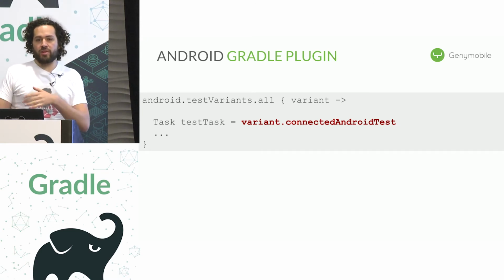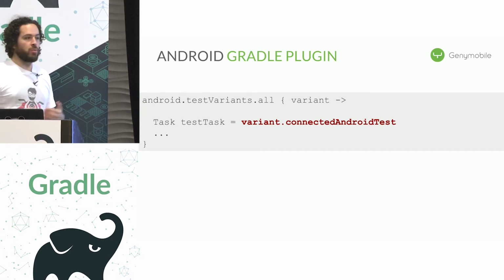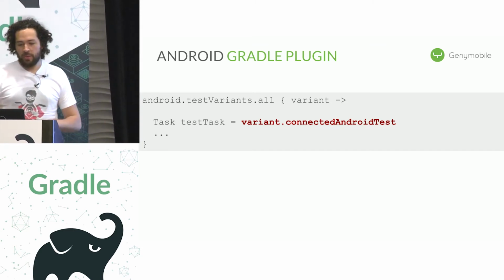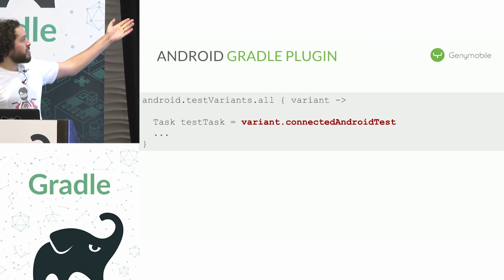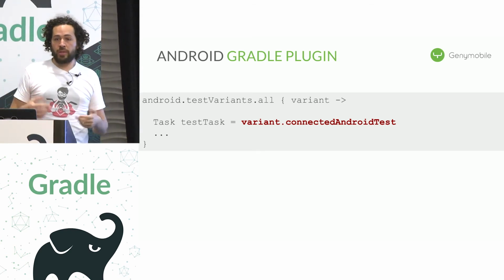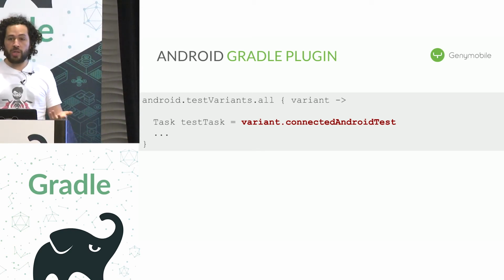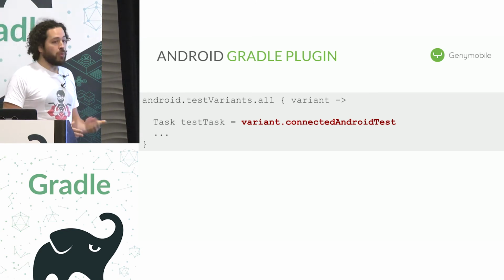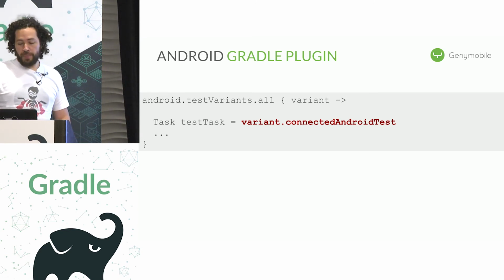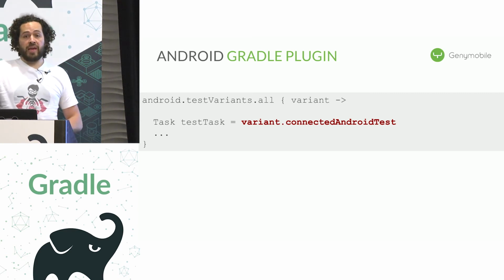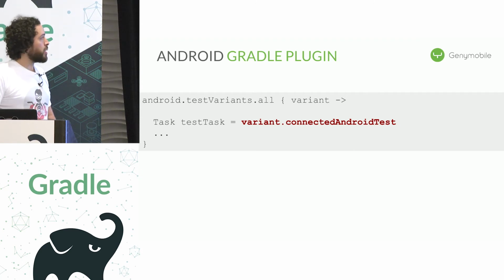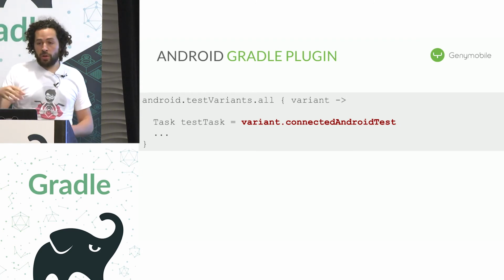Okay, now let's talk a little bit about what happened to us and why I tell you this now, because it's very conceptual, but here is what happened. I had these test variants because, of course, our plugin only works when there is an instrumentation test. And what I wanted was to grab the connected Android test task, you know, the task that is launched for a variant when an instrumentation test is running.